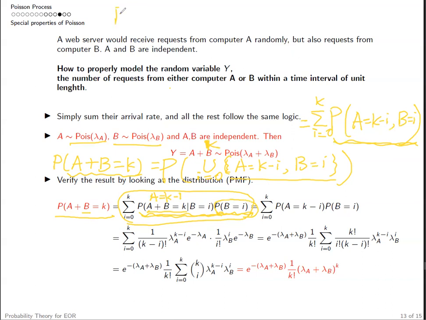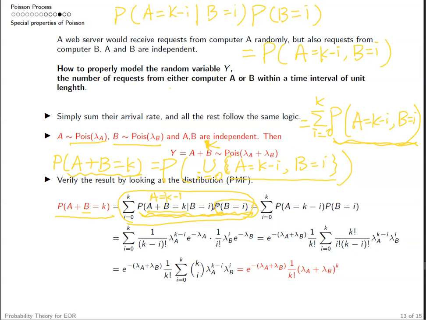So the conditional probability here, by the definition of conditional probability, when multiplied by the probability of B equals i, is essentially equal to the probability of A equals k minus i and B equals i simultaneously, right?